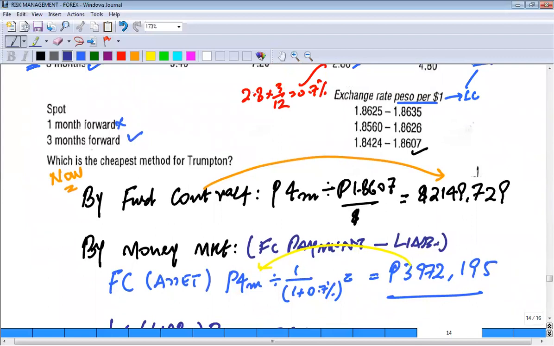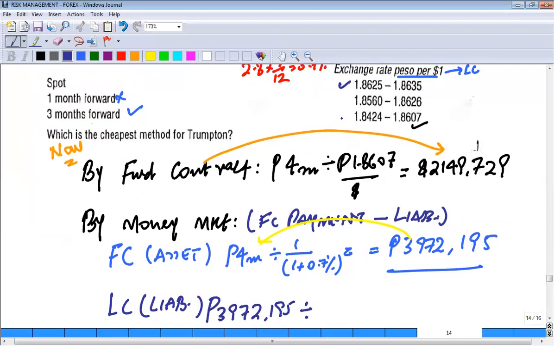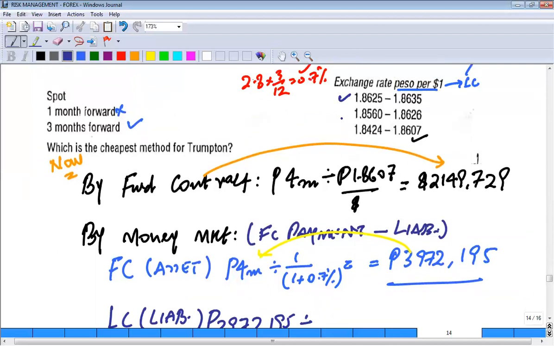Indirect quote, lower one is selling. That is 8625. Yes, we have made a mistake with the forward. We have to adjust accordingly. Sorry, one moment, please.